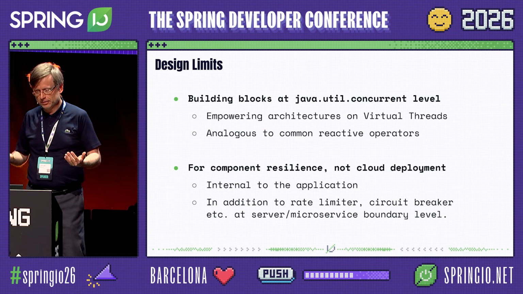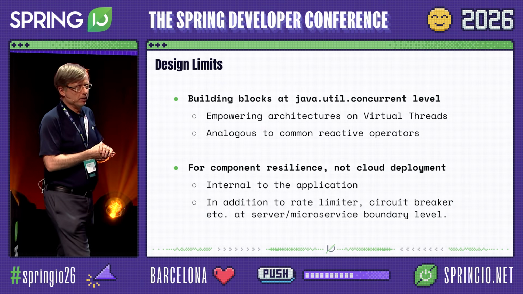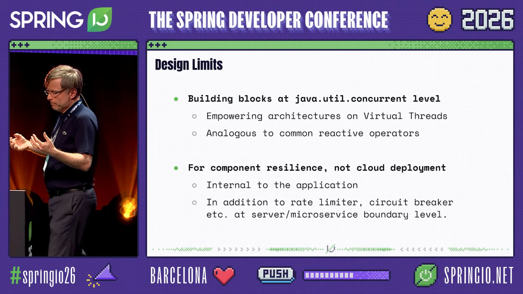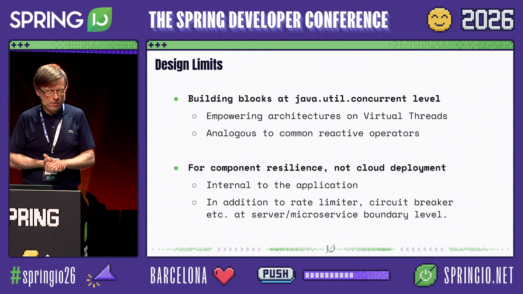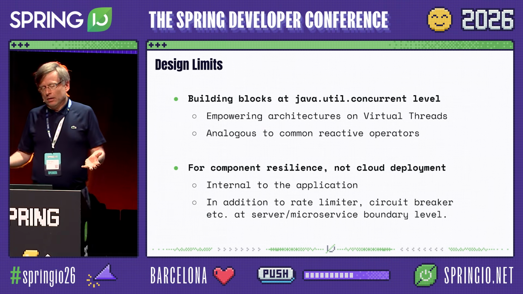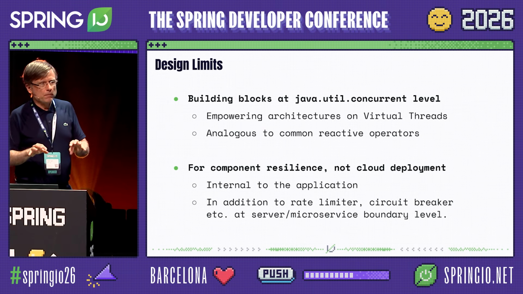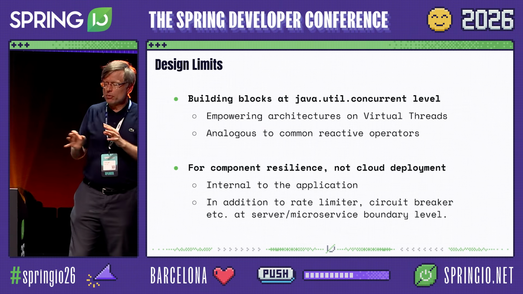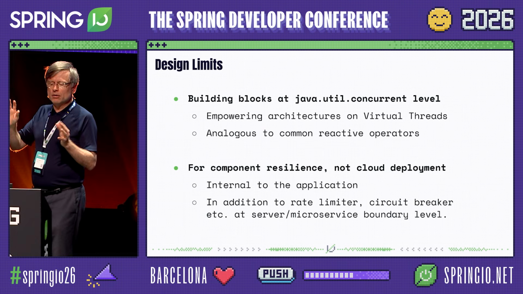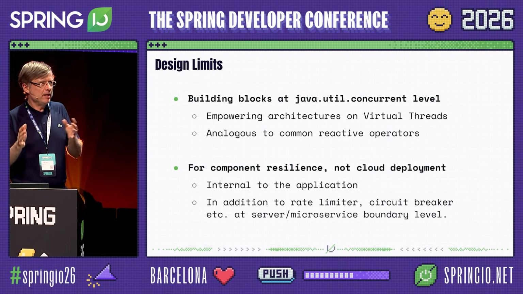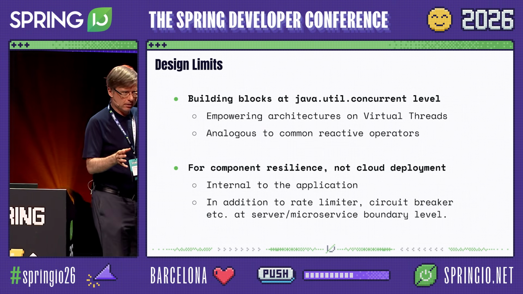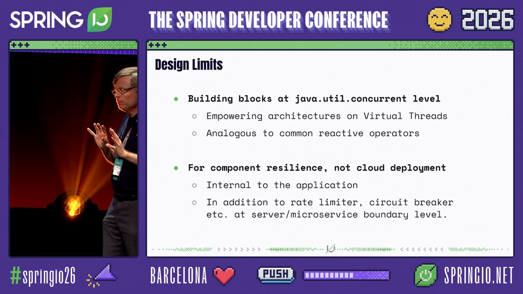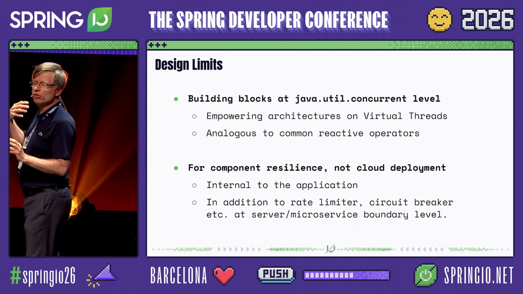In particular, if you're talking about a programming model which theoretically could make many things first class in the core programming model, we chose to focus on basically the same level that reactive operators are at. Or you could say Java util concurrent level. So basically what the Java util concurrent primitives give you in the core JDK libraries, we operate at pretty much the same level, just in a more convenient fashion.